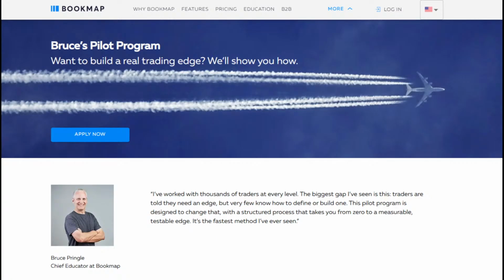This is the biggest gap I've seen in the trading world after talking to so many traders over the years: many retail traders, from all levels really, just don't know if they have an edge, and if they don't know that, they shouldn't be trading. Some sort of advantage, and how to build and define it, is something they don't know how to do either. This pilot program will change that. It will offer that for you.